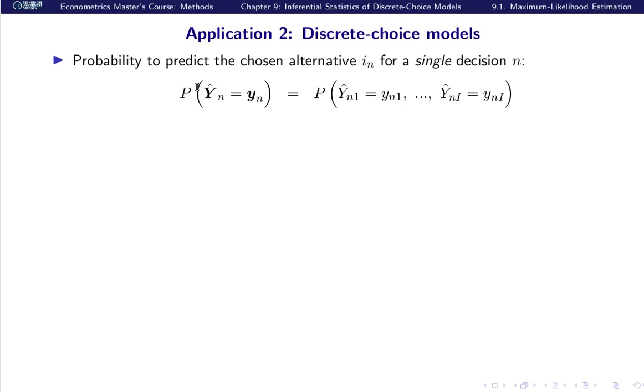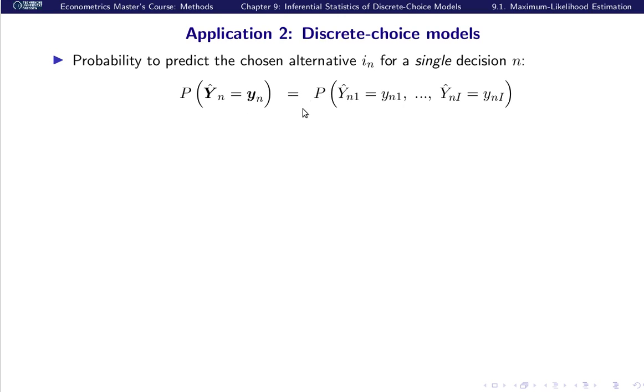And of course the output is the decision vector. It's just 1 at one alternative and 0 for other alternatives. So it might seem cumbersome to write it in this complicated way, but we will see later that in some cases this expression is even more elegant than the other expression.